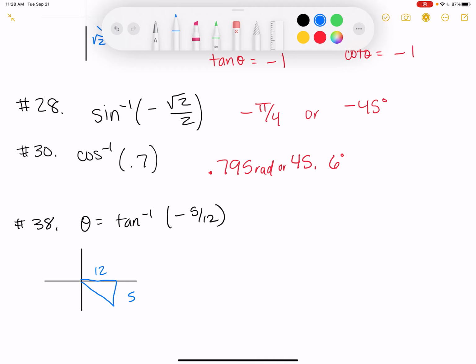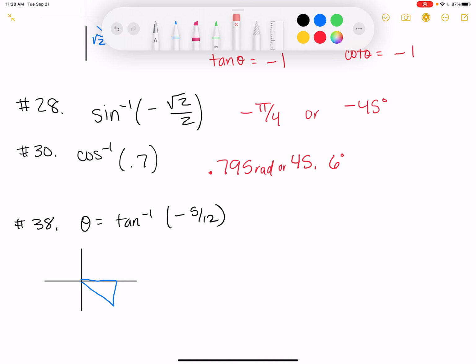Or wait a second. Did I write that wrong? Now I need to look because I thought I had that right, but in my notes I have it written as something else.